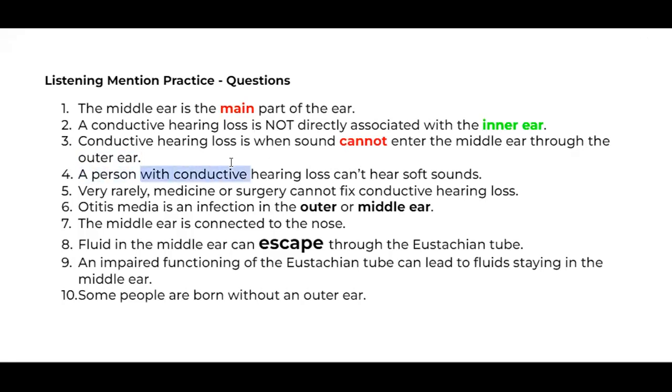A person with a conductive hearing loss can't hear soft sounds. The audio doesn't say they can't. It says it is difficult for them to. Can't means 10 out of 10, or 0 out of 10. If you are talking about your ability, it is 0. If you're talking about your inability, it is 10 out of 10.